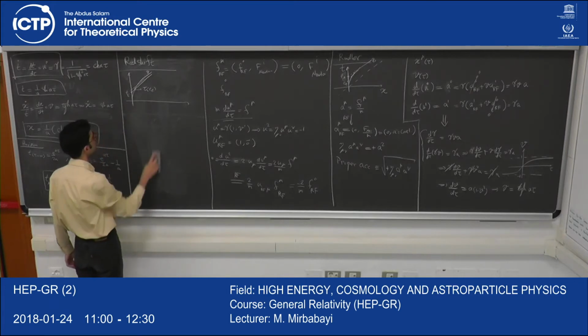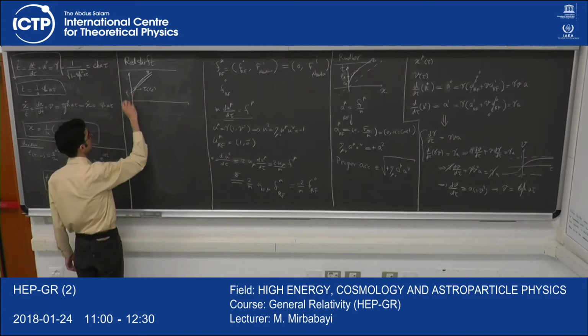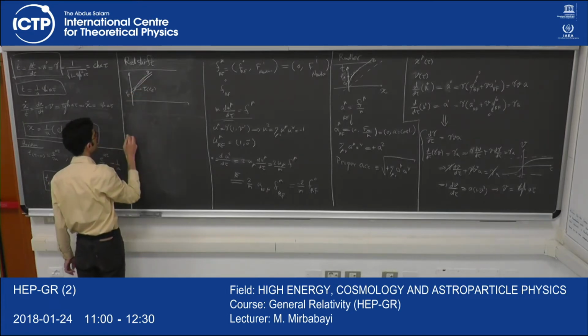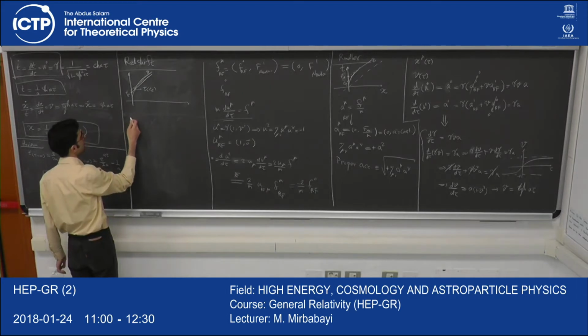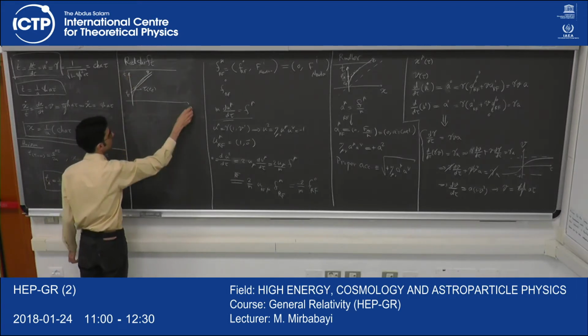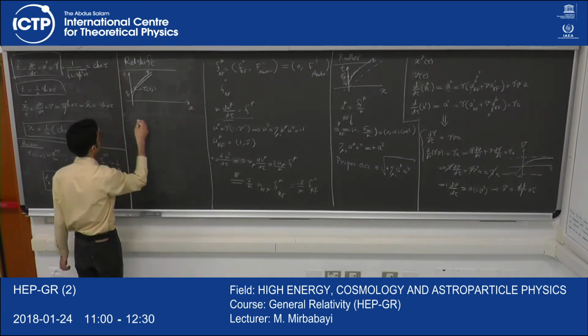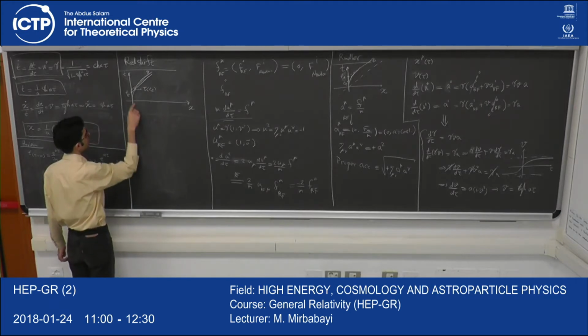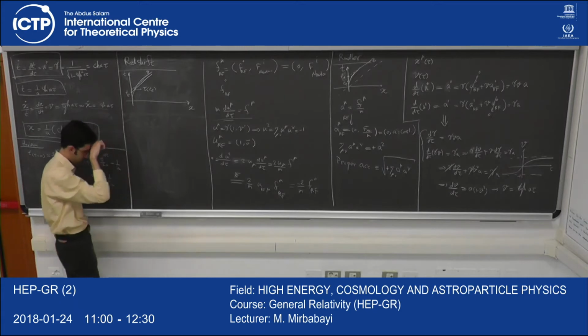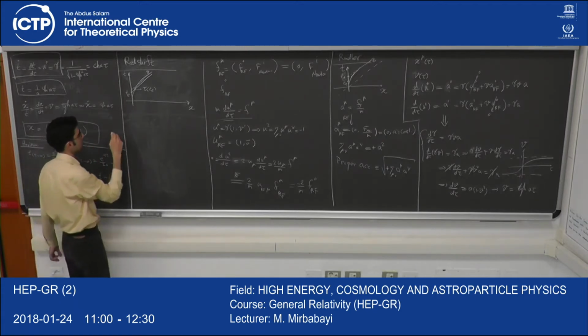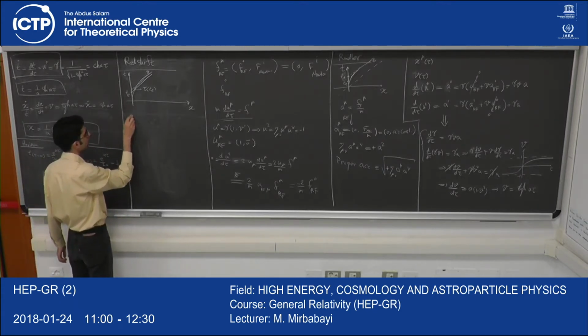Okay, so what is the arrival time of this signal? This signal travels at the speed of light, and its equation has some non-zero intercept. The slope is 1 since it travels with the speed of light.